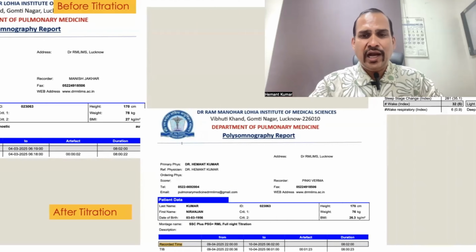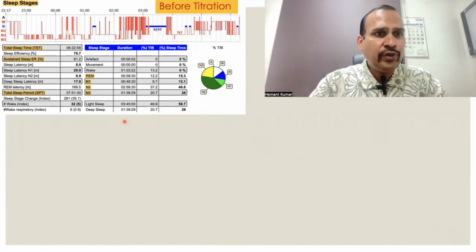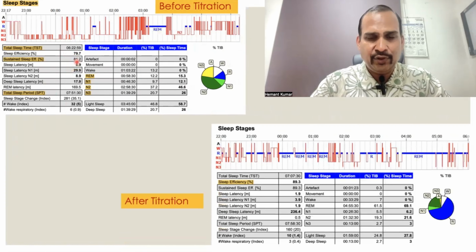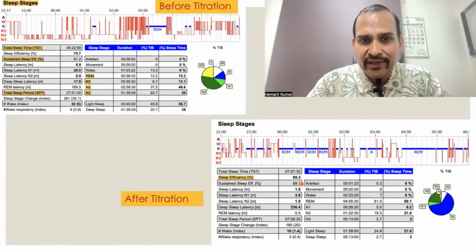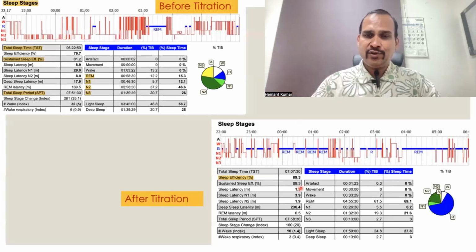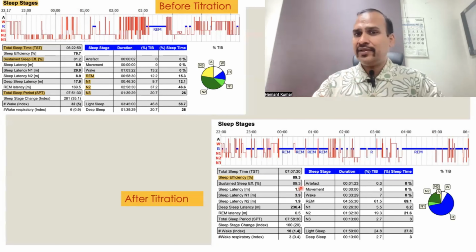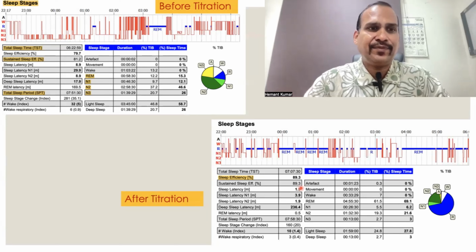Before titration, sleep efficiency was 81.2%. After titration, sleep efficiency improved. Now it is 89.3%. It should be more than 85, so after CPAP the patient has normal sleep efficiency.